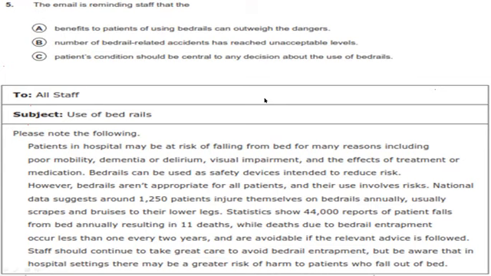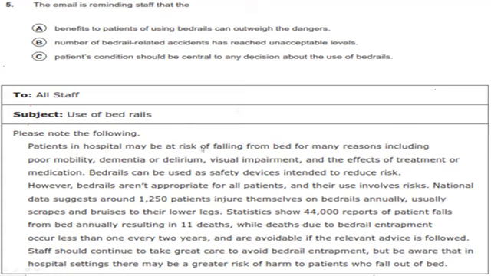Yeah, you see that this is the only sentence which fits answer A. And also, "bed rail entrapment occurs less than once every 2 years, and they are avoidable." Okay. And also, all the paragraph mentioned this. Yes, that's right.